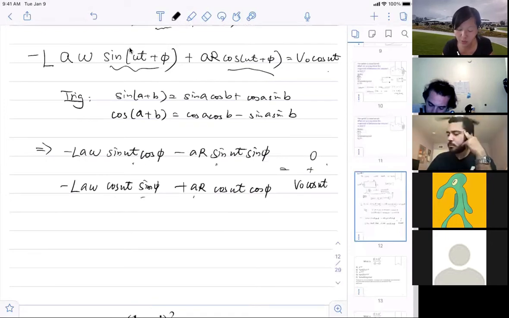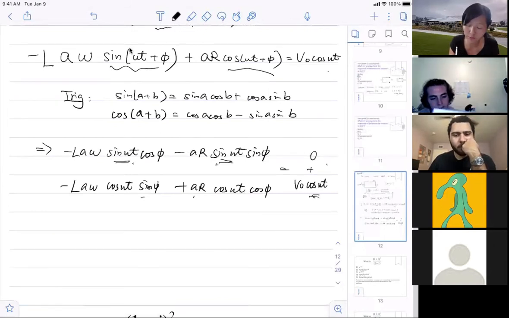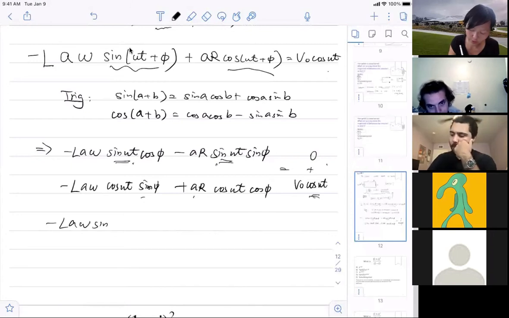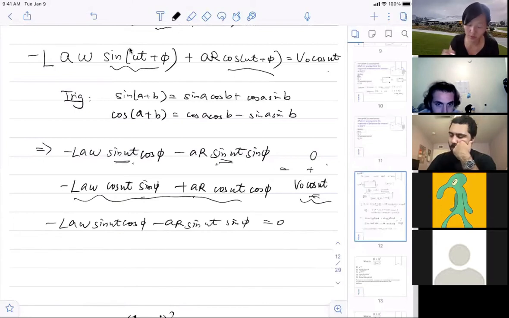I break it down into 2 rows because it's easier for me to match up different terms. So for example, I know it does not have a sine omega t term, right? Because the right-hand side is cosine. So the first 2 terms have to go to 0. So I know the first row, wherever it contains sine omega t, has to go to 0. All that contains cosine omega t has to equal the cosine term. So I get my second row of equation.